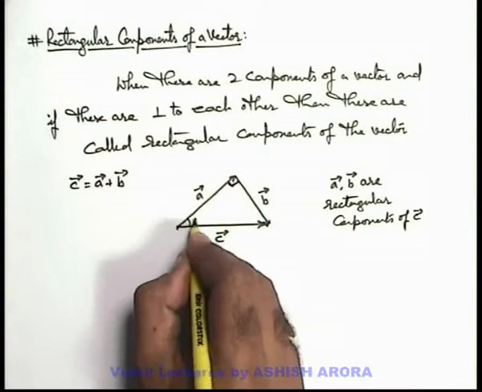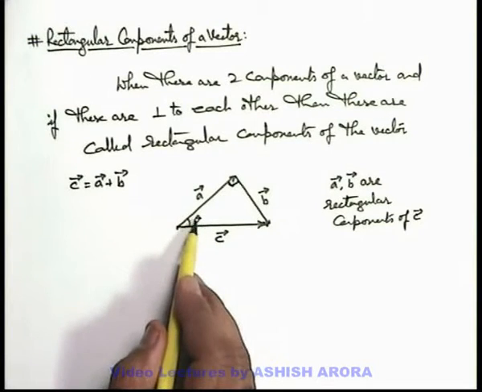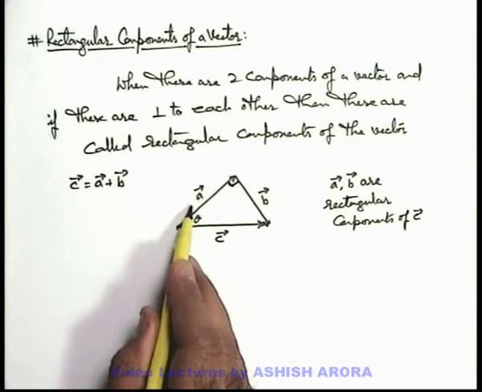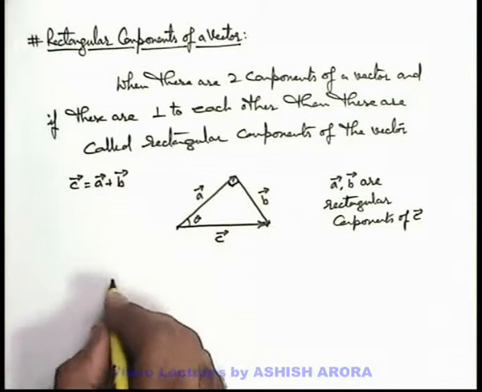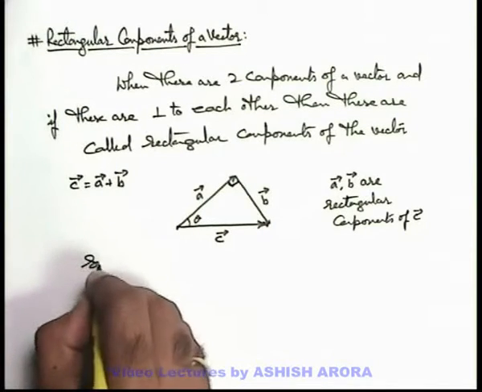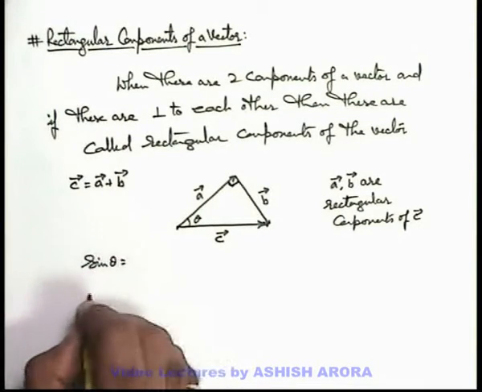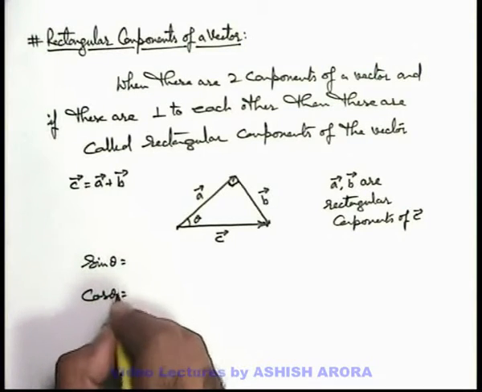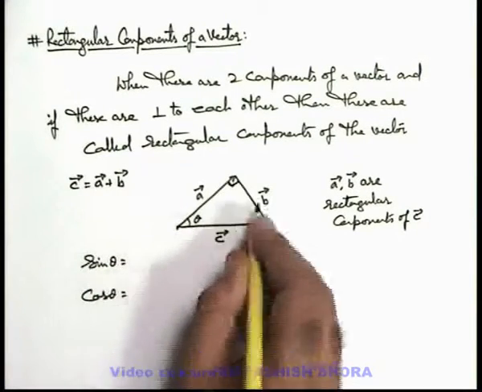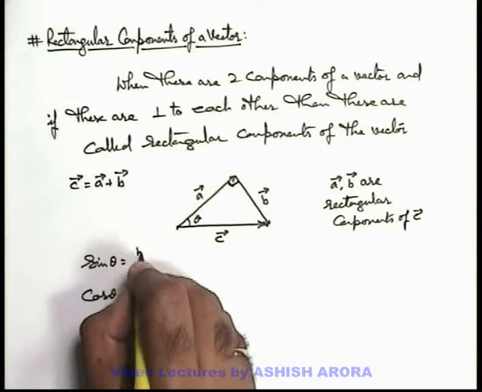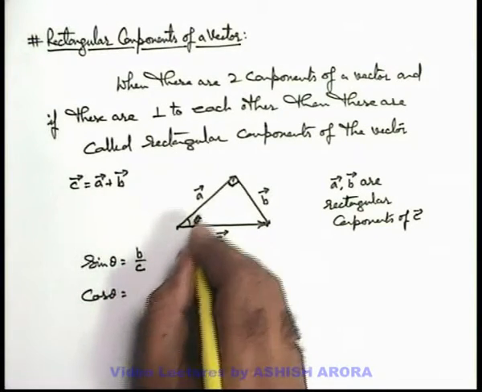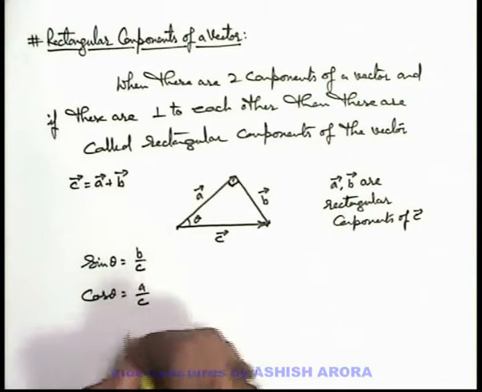So if this angle is theta, which is the angle made by the resultant vector with vector A, then in this right-angled triangle we can find two trigonometric ratios, sine theta and cos theta. Here the value of sine theta will be equal to B by C, and cos theta can be written as A by C.